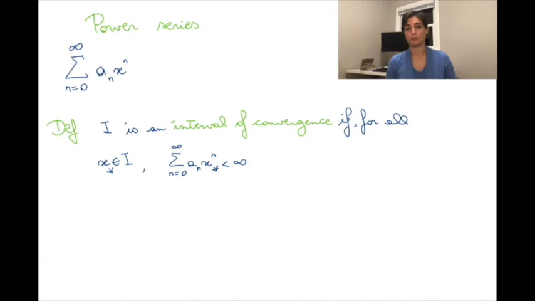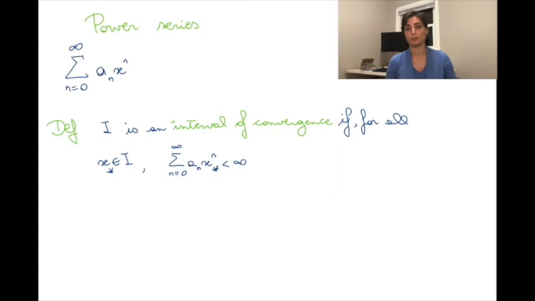When we're looking at power series, we have an extra layer of flexibility because this x that is to a power can make the full term bigger or smaller depending on how big x is. We say that I is an interval of convergence if for all x in I, the power series calculated at that x is smaller than infinity.